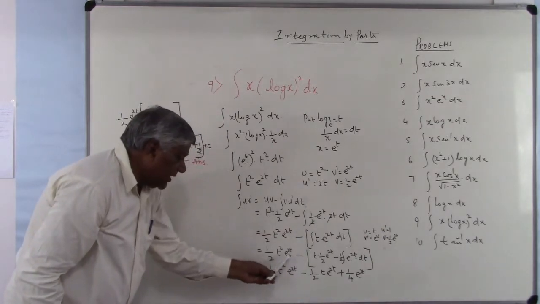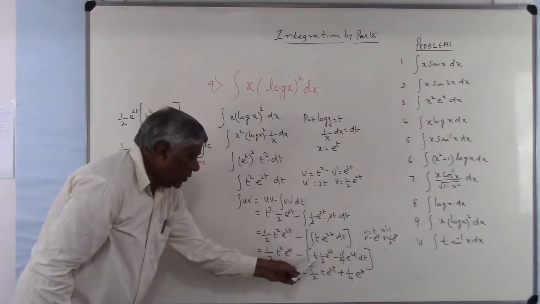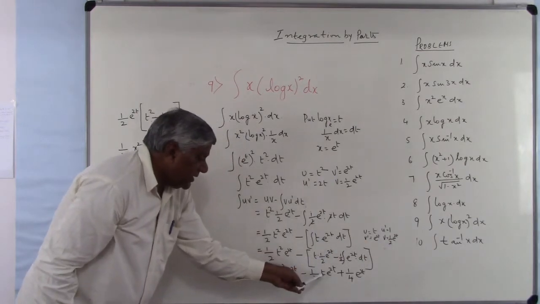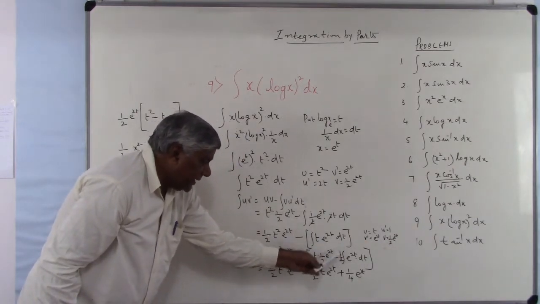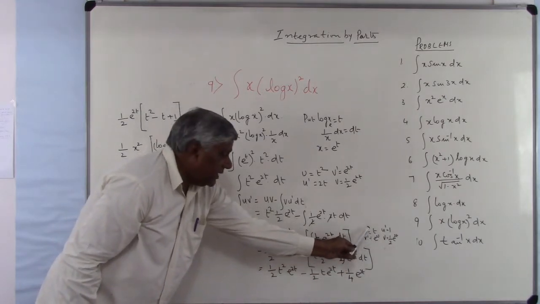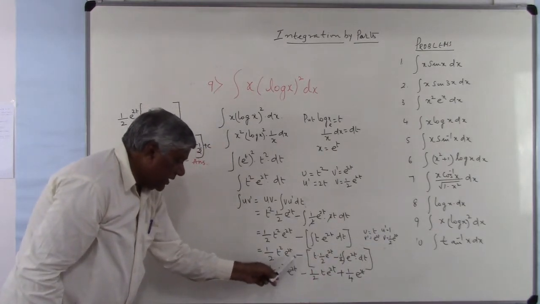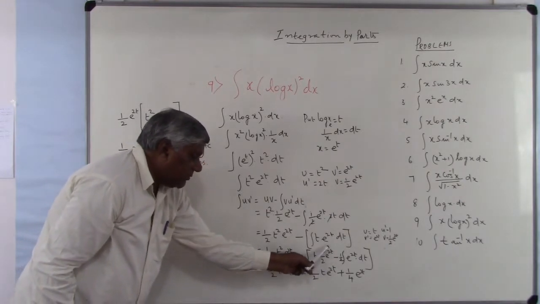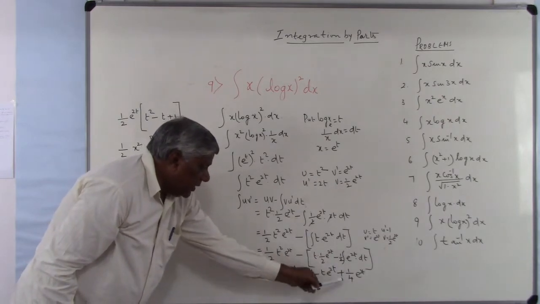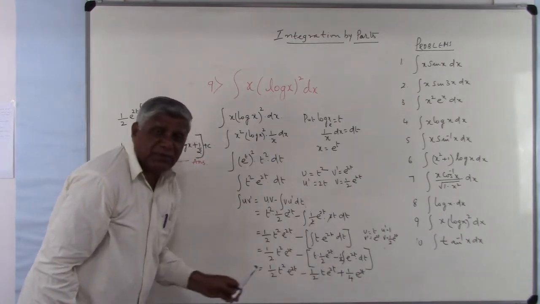Now once again, uv minus integral vu dash: uv is t into half e to the power of 2t, minus half into integral e to the power of 2t dt, because u dash is 1. Therefore, half t square e to the power of 2t minus half t e to the power of 2t. See here, minus into minus plus 1 by 2 into 1 by 2 e to the power of 2t, that is 1 by 4 e to the power of 2t.